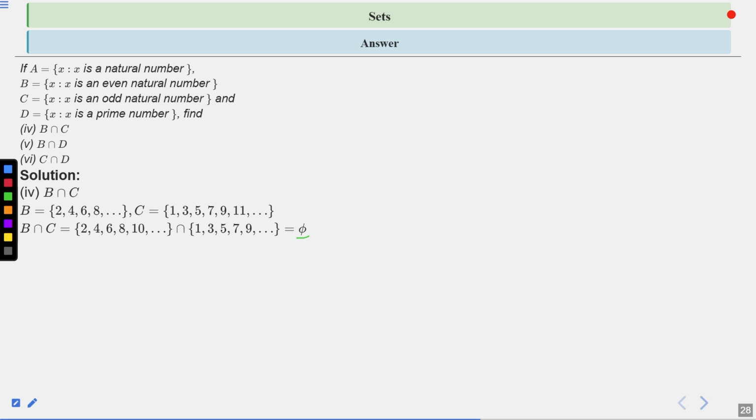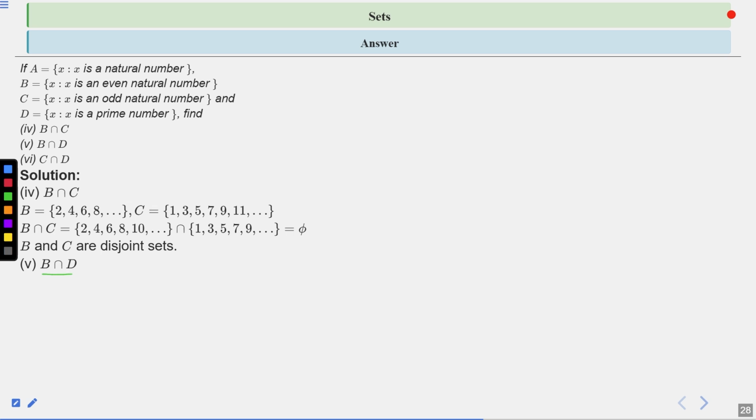Because in B we have all even natural numbers while in C we have all odd natural numbers. And we do not have any natural number which is simultaneously both even and odd. So you are not going to find any element common to both. So empty. Both sets are disjoint.